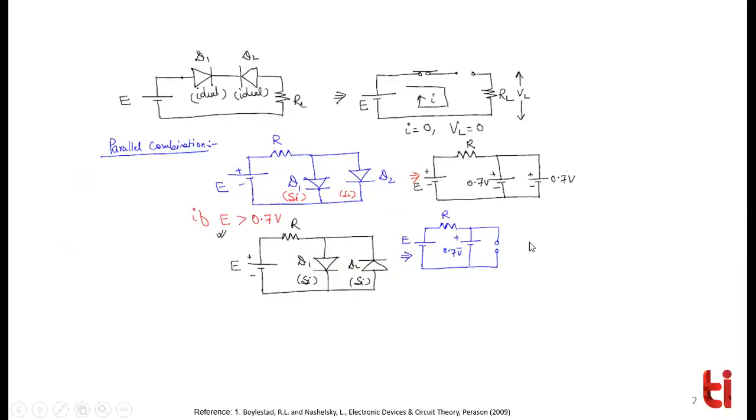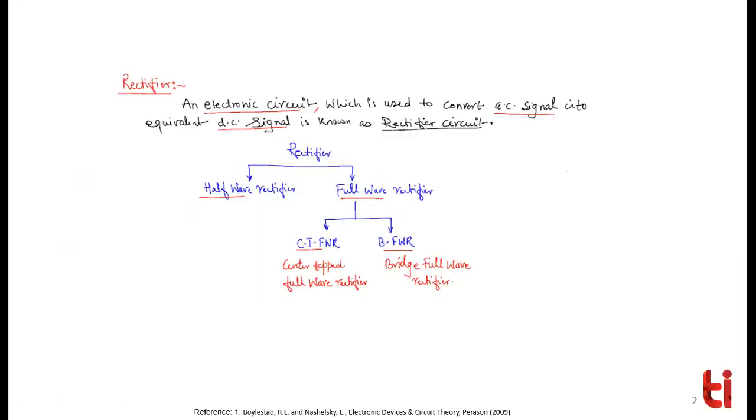So let's start a new topic, which is the rectifier. Rectifier means it's an application of a diode. With the knowledge of the diode we have so far, we can clearly understand that this can be used as a rectifier. As I told you just now, let's say you have a wire. In the wire, if the current is going in both directions, it is AC.